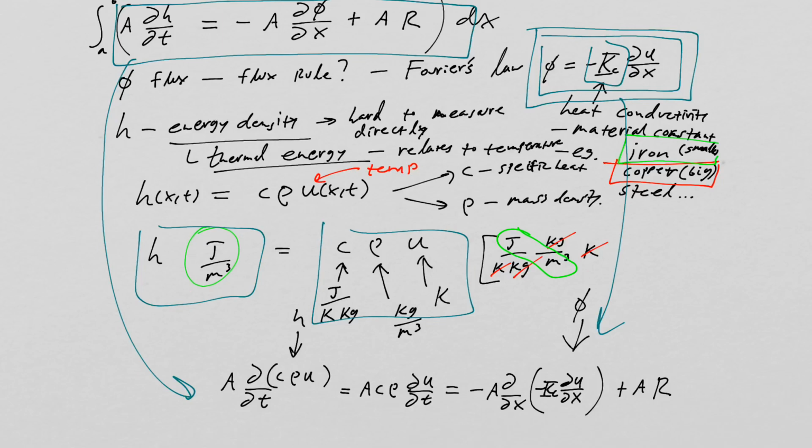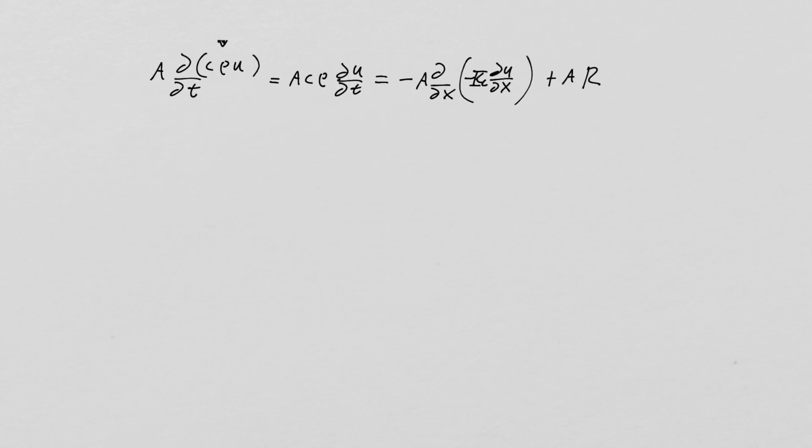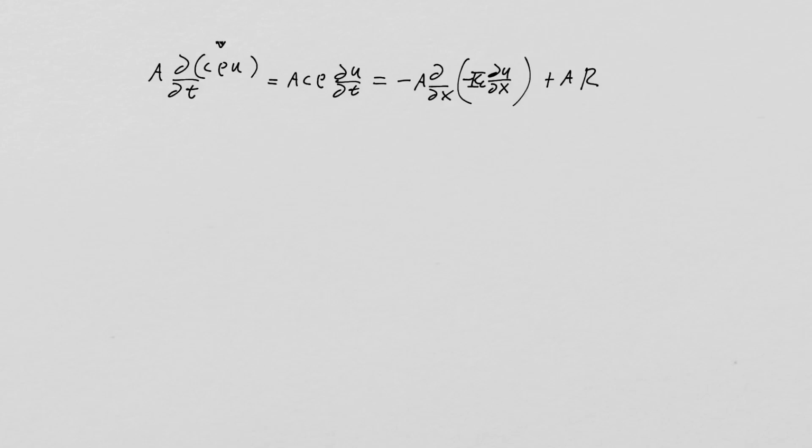So this is our PDE. I'm going to select this now. I'm going to copy it, and now I'm going to move it over to the other page. I'm going to paste it. There we go. Now let's see if we can just simplify this down a little bit. We have A, C, rho, partial derivative of U with respect to time, is equal to negative A times K, C. Oh, but remember, the negative and the negative cancel right there, right?